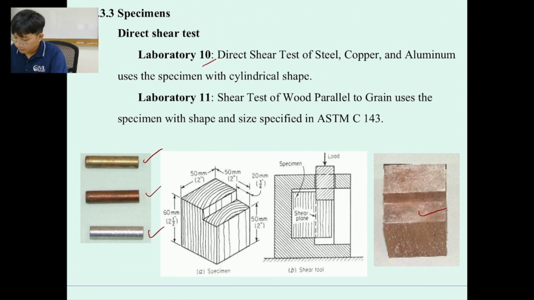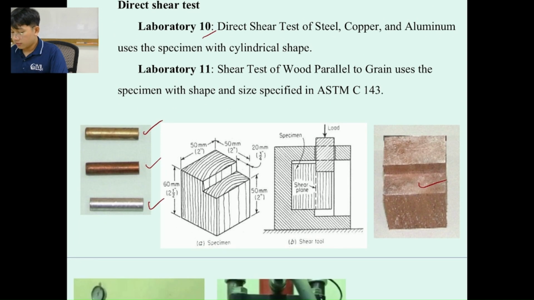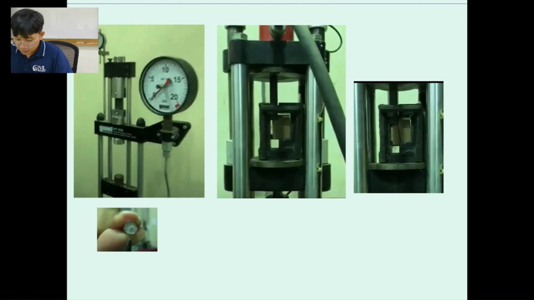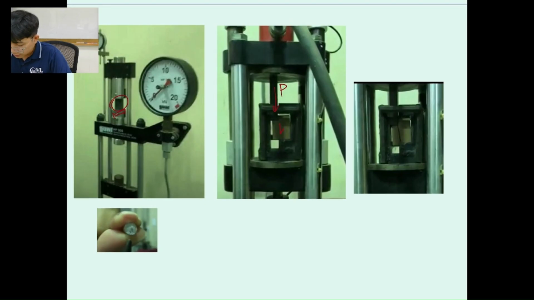You can just pick four of these for our lab test. And this is the machine. We put the sample inside and pull it using the steel plate. For the wood, we apply the force P over here in order to get the resisting shear stress at the middle, the direct shear test.